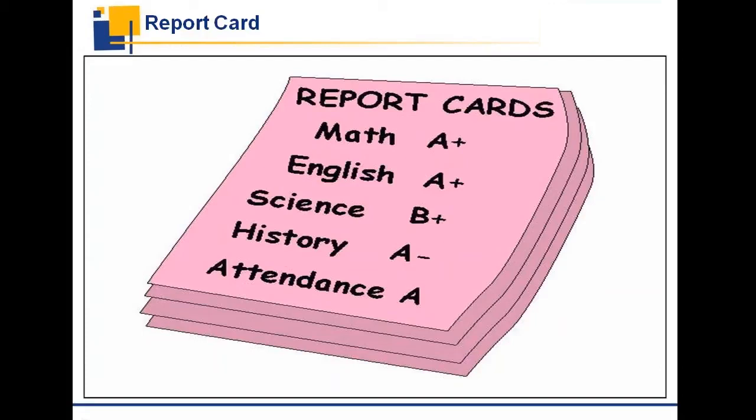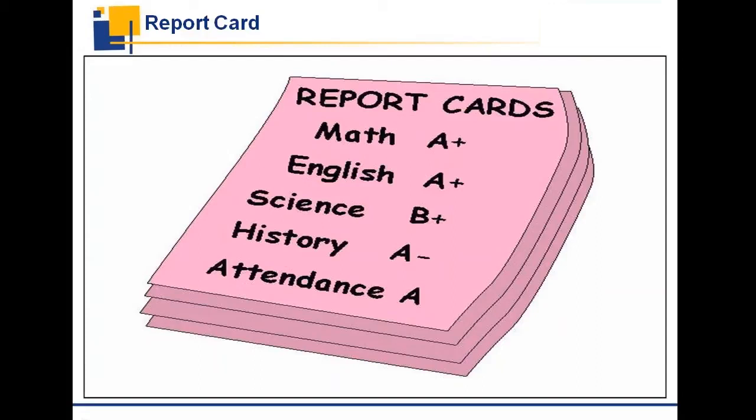I'll start by giving you an example. Suppose you or your kid got a report card, and the report card says this: in math he got A+, in English A+, science B+, history A-, attendance is E. First and foremost, we need to study the numbers which have been given.